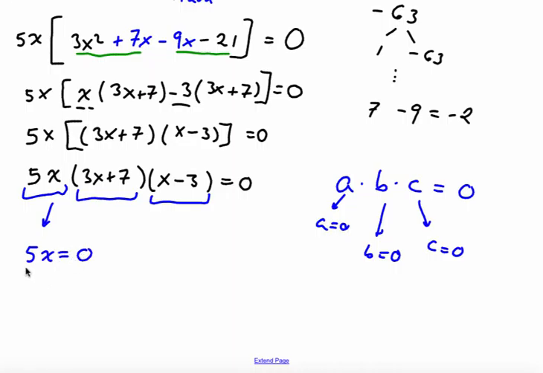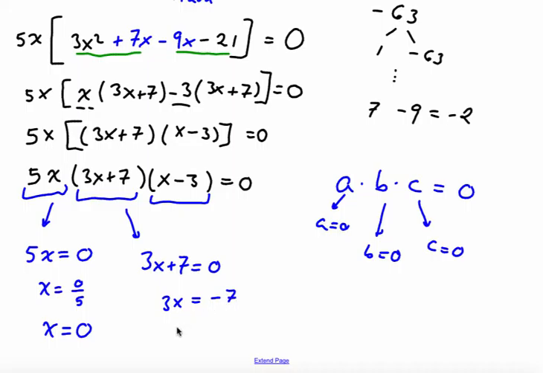Well, divide by 5. So you get 0 divided by 5, which I hope you remember as 0. So when x is equal to 0, or when you have 3x plus 7 equal to 0, which happens when 3x equals subtract 7, divided by 3, so negative 7 thirds.